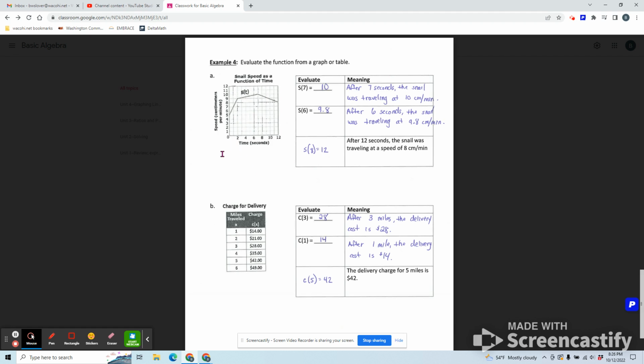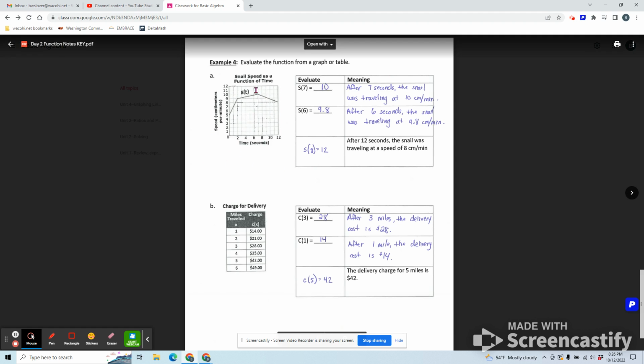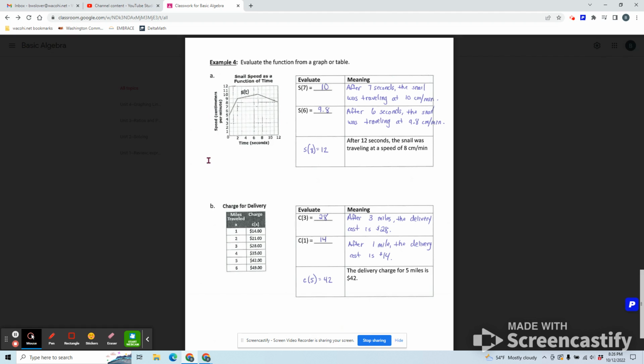First off, make sure you read everything that's already on there. This is talking about the snail speed as a function of time. Over here it talks about the speed per minute, the centimeters that it travels, and over here it's talking about the time.